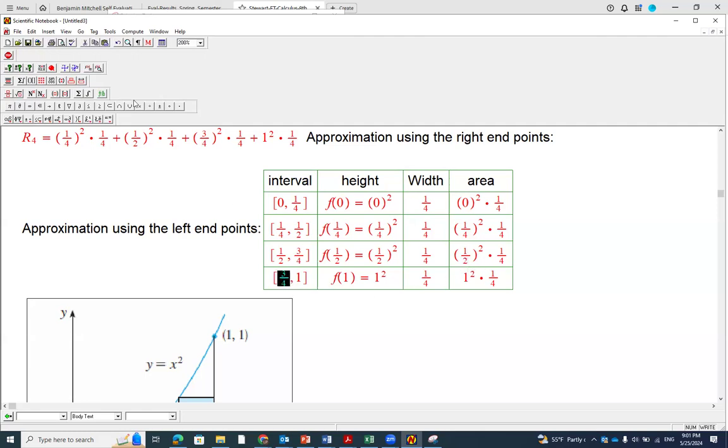Using the left endpoint here, it's going to be f of 3/4.